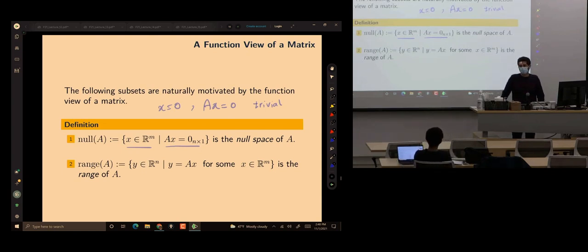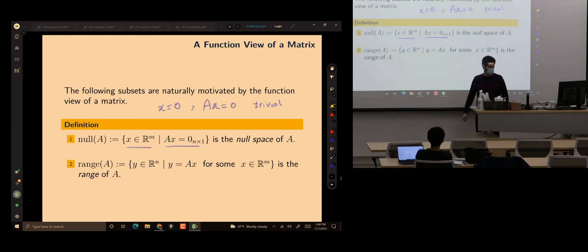Now, if that's the case, then it must be orthogonal to the set of solutions, right? And that's true. You can prove that null space is orthogonal to basically your solution.